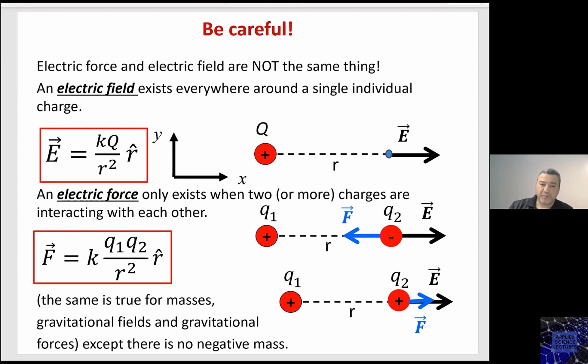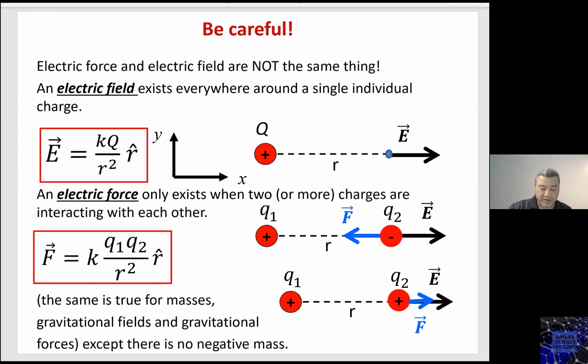One thing you need to pay attention to and be careful with is the electric field is induced due to at least one point charge. Which means if you have one point charge, definitely you have electric field in the surrounding area of this charge. Which means electric field will not be zero. However, the force anywhere surrounding that charge will be zero, of course, because the force requires at least two charges.